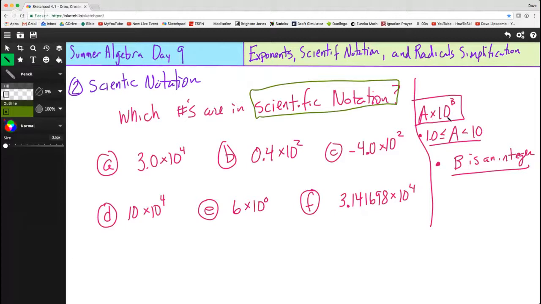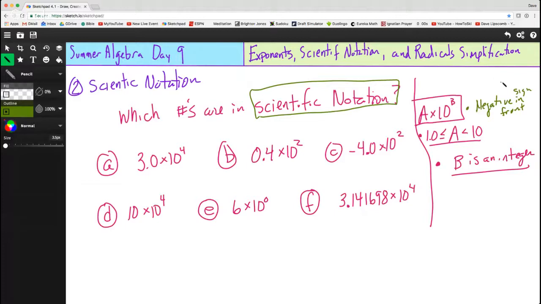Now when you look at a number in scientific notation, the other rule, by the way, is that you can have a negative sign in front.